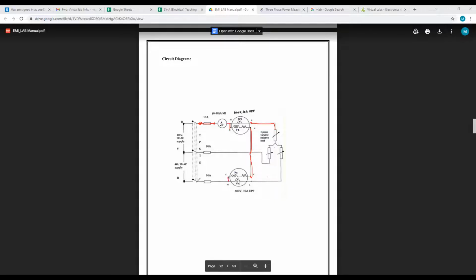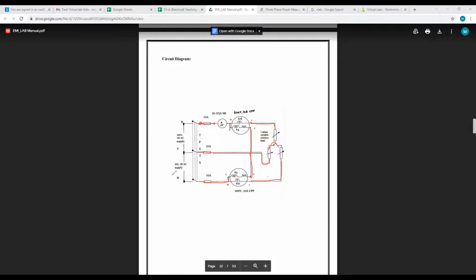So from the B phase we have to connect here, and L to the load, and Y to the load we have to connect directly. All these terminals should be short circuited, or internally they have the connection over there. Whatever the red line indicates, we have to connect with the connecting wire. Is it clear? Use connecting wire to make the connection.